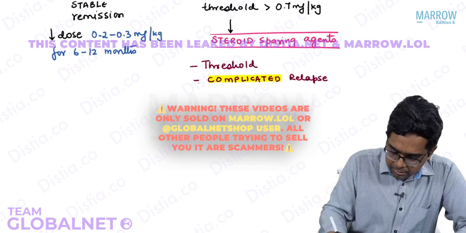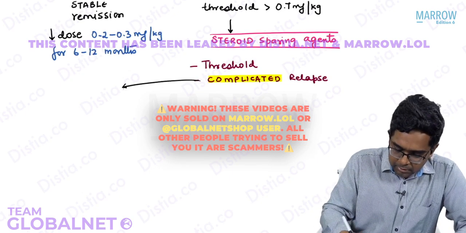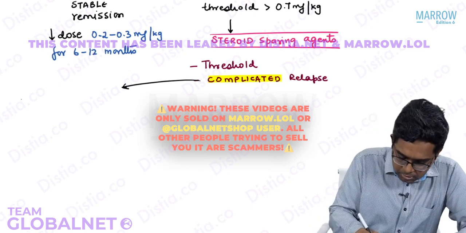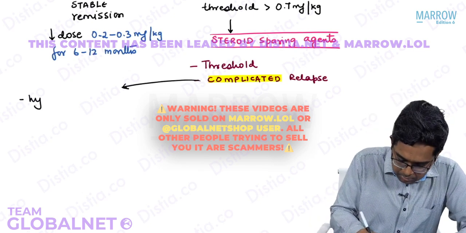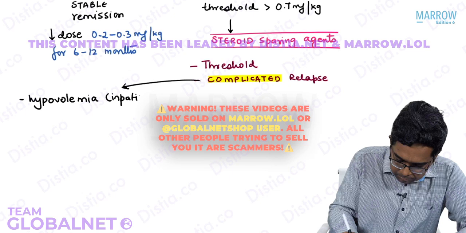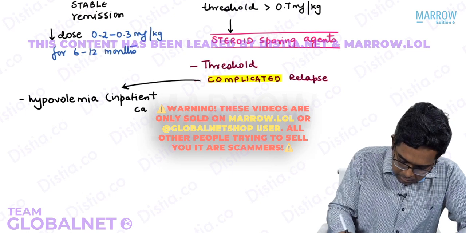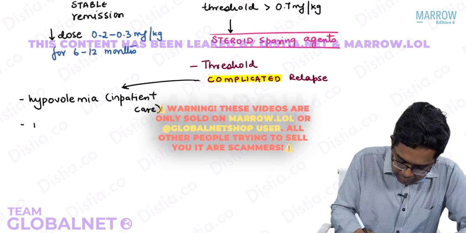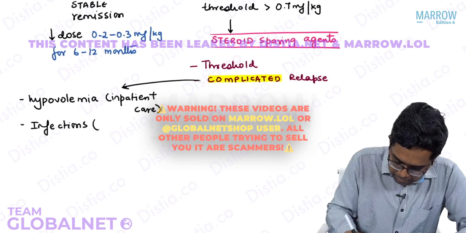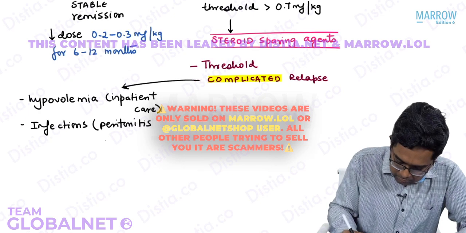Complicated relapse refers to a relapse wherein there are life-threatening complications occurring, which includes hypovolemia, which is requiring inpatient care, number one. Okay. Number two, presence of life-threatening infections like peritonitis or cellulitis.